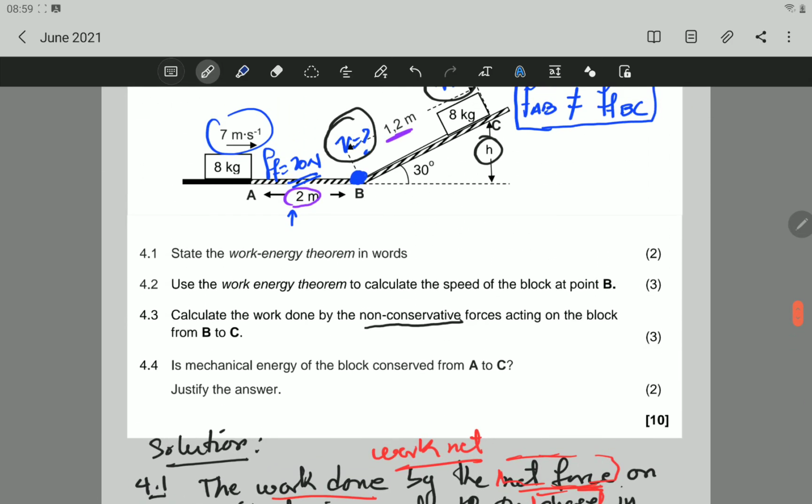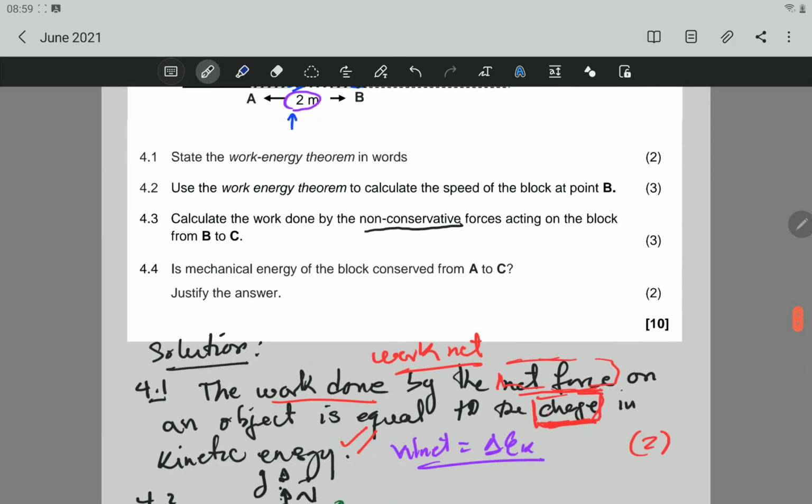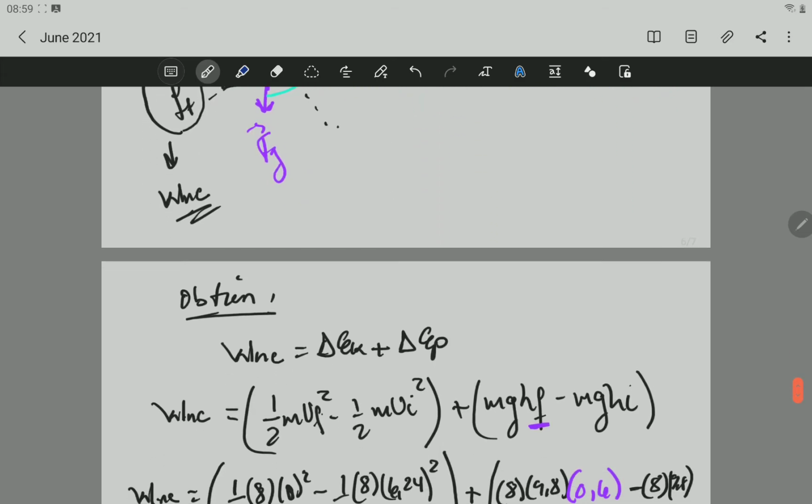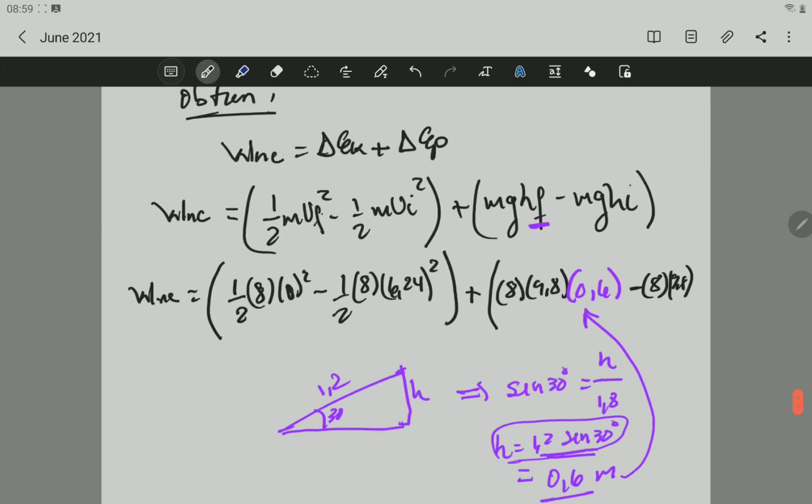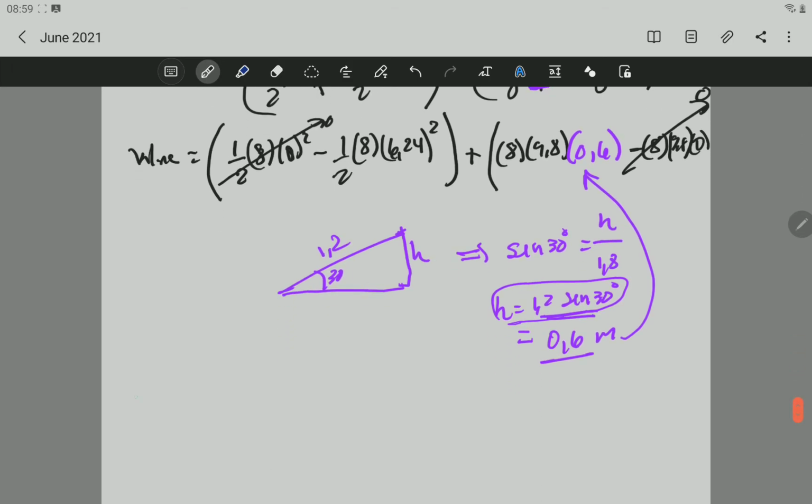It is at the bottom of the ramp here, so there is no height, the height there is 0. So the product is multiplied by 0. All this is going to be 0. So what we have left here, we're done.